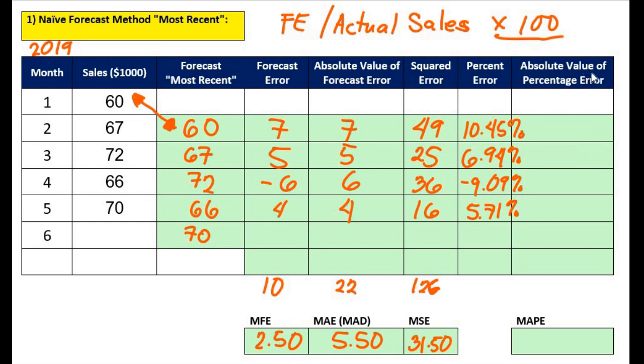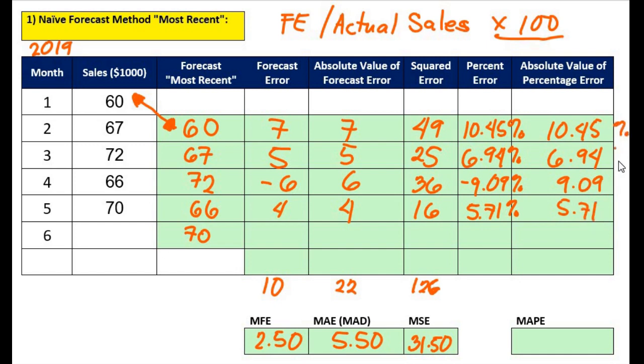And then for the absolute value of the percentage error, again we will just get the positive value of our percentage error. So that would be 10.45, 6.94, 9.09, and then 5.71.